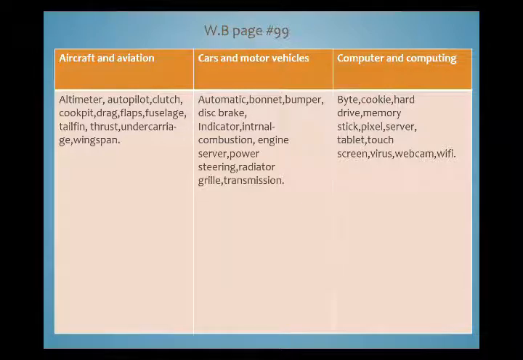The next one is cars and motor wheels: automatic, bonnet, bumper, disc brake, indicator, internal combustion engine, servo, power steering, radiator grill, transmission.